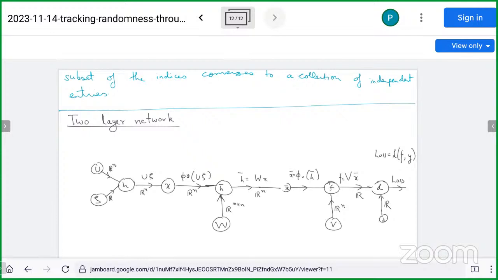So again, we can try to do the same exercise.